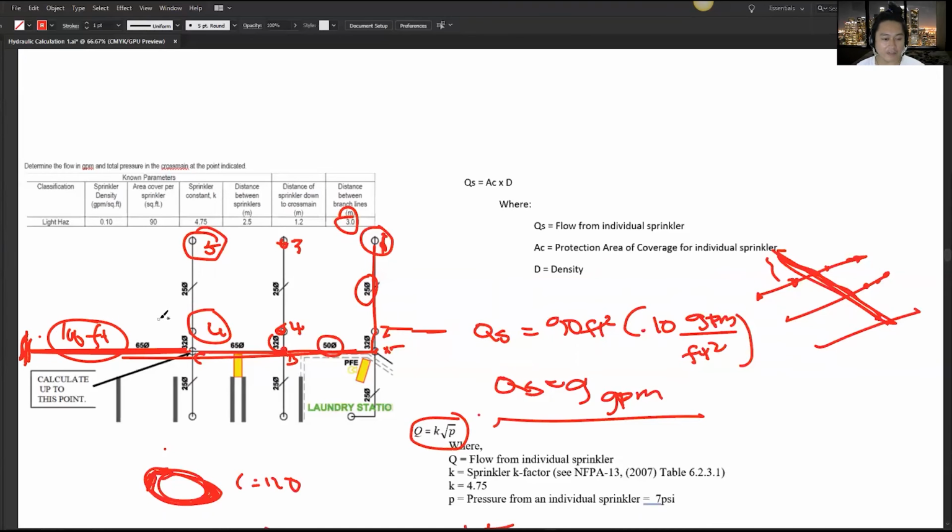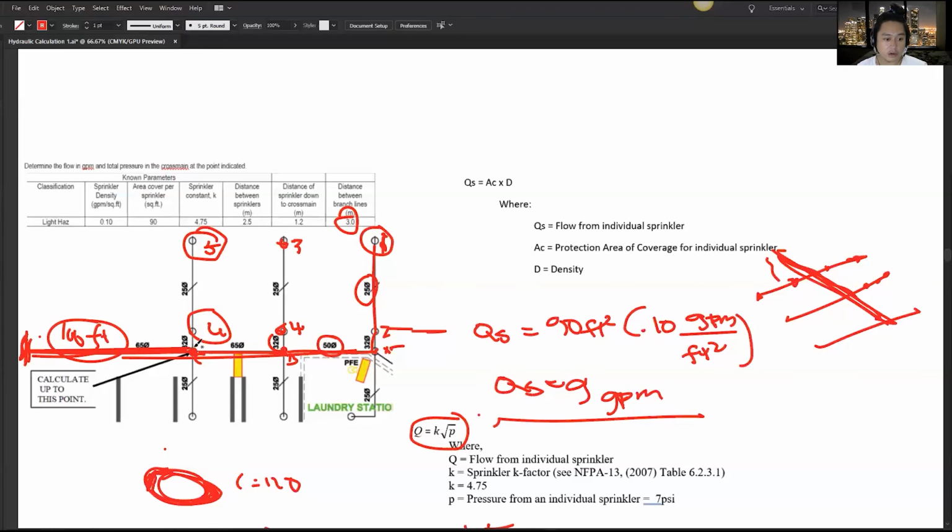We need that because it's the pressure required to counter the frictional loss at node C. Since we're not given the exact value for this length, we'll have to assume it's about 100 feet from this point to the riser.